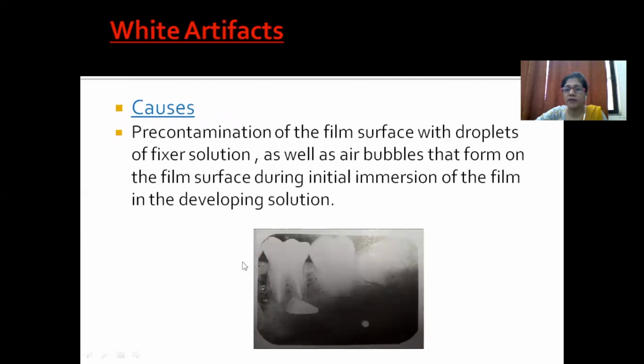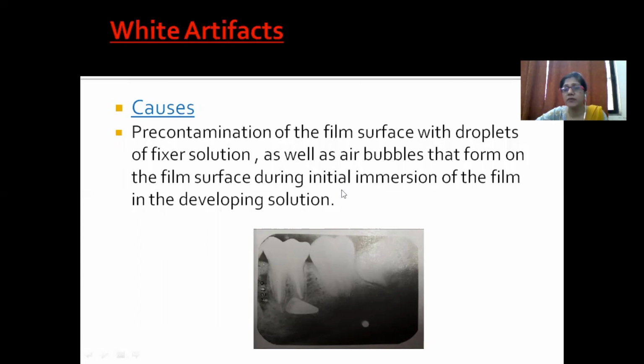Now white artifact. Can you see these white artifacts? They are caused by contamination of the film surface with droplets of fixer solution as well as air bubbles. If the droplets are round, we can say it is an air bubble; water droplets may be of irregular shape. The shapes and sizes may be different.